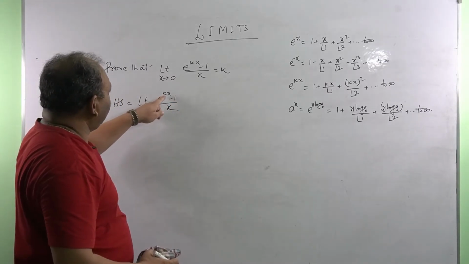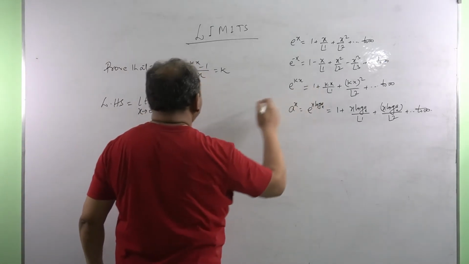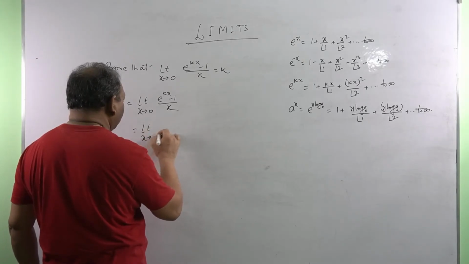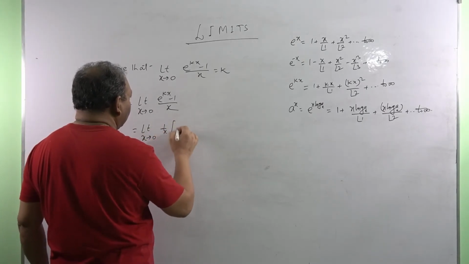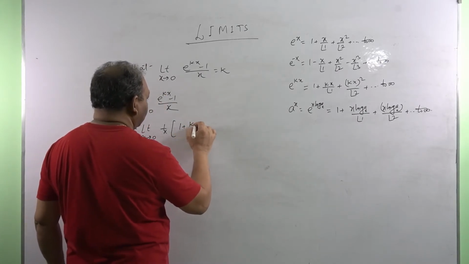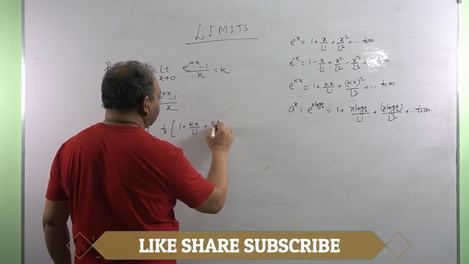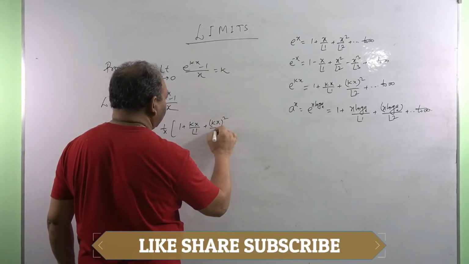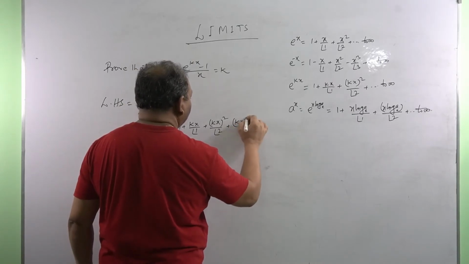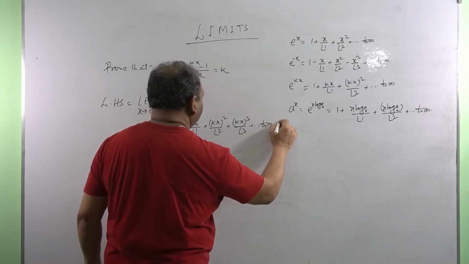Now expand e raised kx in terms of kx from this expansion. Limit x tends to 0, 1 upon x, e raised kx will be written as 1 plus kx upon factorial 1 plus kx whole square upon factorial 2 plus kx whole cube upon factorial 3 plus dot dot to infinity, minus 1.